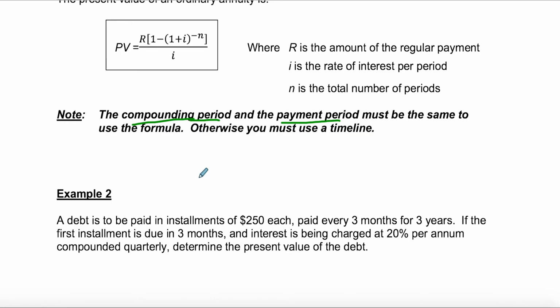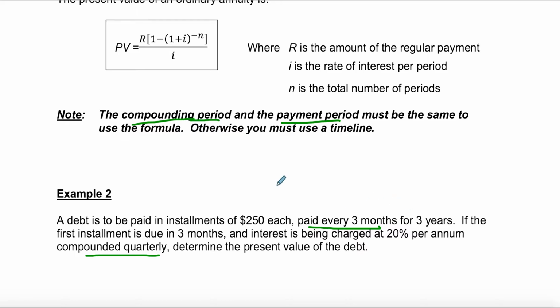What makes this easier is, for example, if paid every 3 months. Every 3 months is quarterly, and this is going to be compounded quarterly. So we like those to match. It makes using the formula quite a bit easier. So here is example 2: a debt is to be paid in installments of $250 each, paid every 3 months for 3 years.